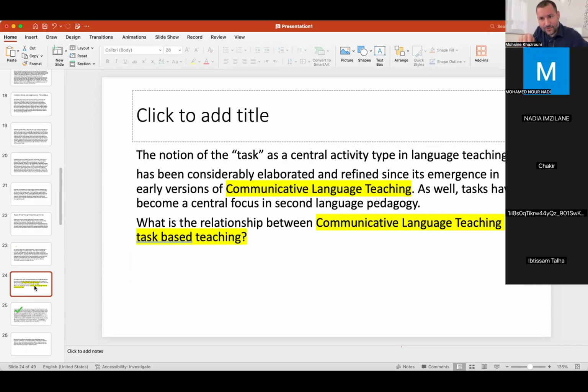First we had communicative, and then we had the new version, if you like, which is task. The focus is more on a task as a communicative occurrence. But we are going to talk in detail later about each one.